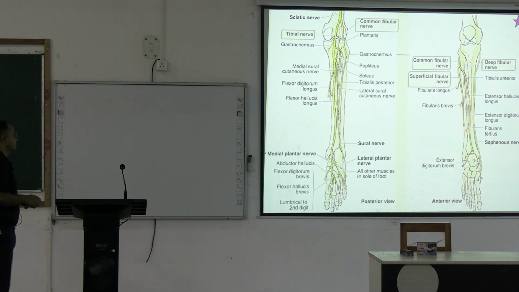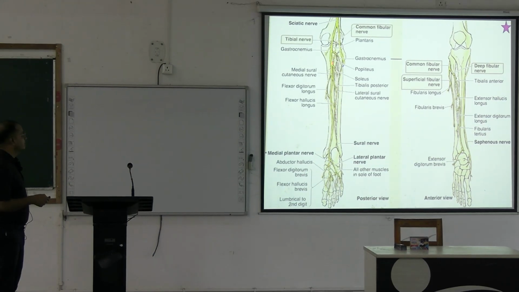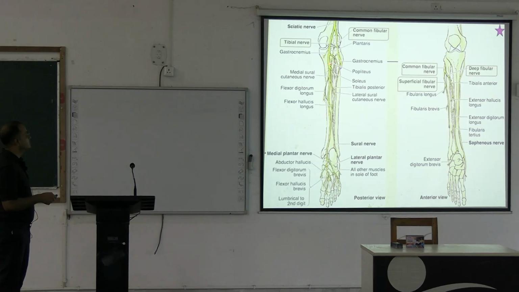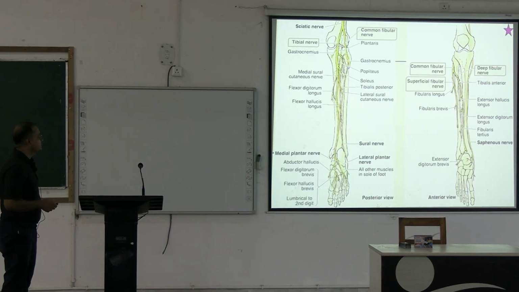This innervation is broken down into two things. We have seen that the sciatic nerve splits into the common fibular nerve and the tibial nerve. The common fibular nerve splits into two branches, known as the superficial branch and the deep branch. The tibial nerve goes down to the back side, and the deep fibular branch goes to the front side, supplying the anterior compartment leg muscles.